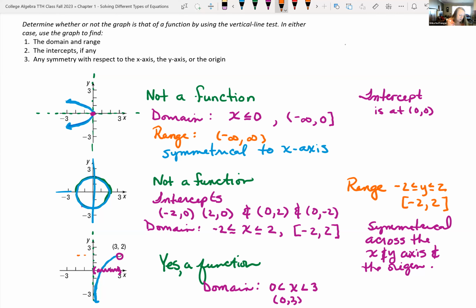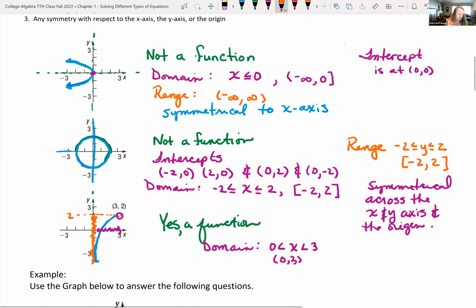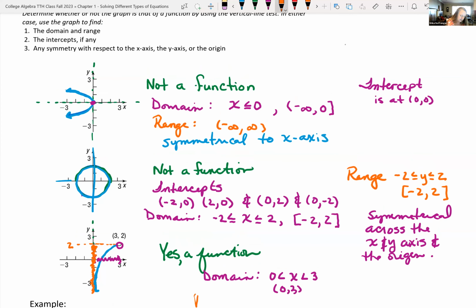The maximum y value that we're getting closer and closer to is 2, and we're hitting all the y values on this graph that are below 2. So our range is y is less than 2. Or to state that, we're coming from negative infinity all the way up to, but not touching, 2.